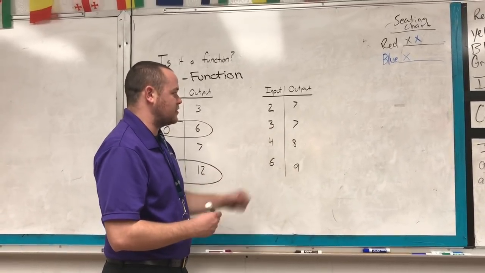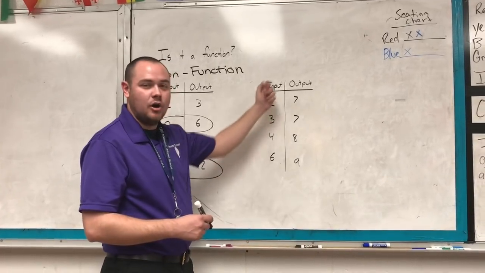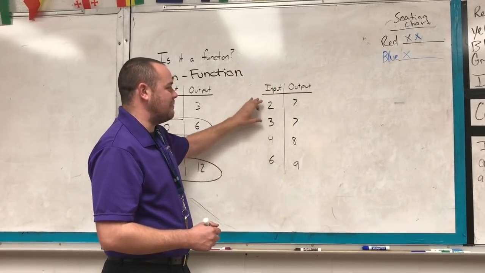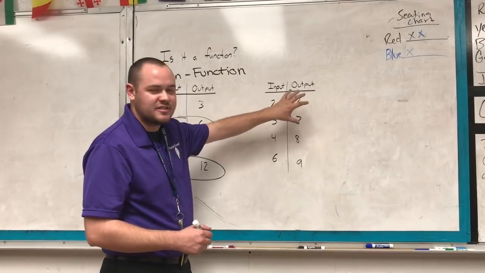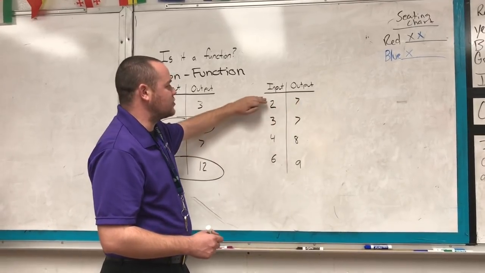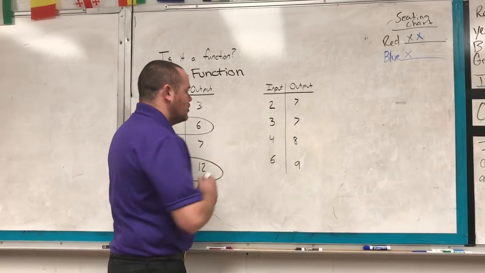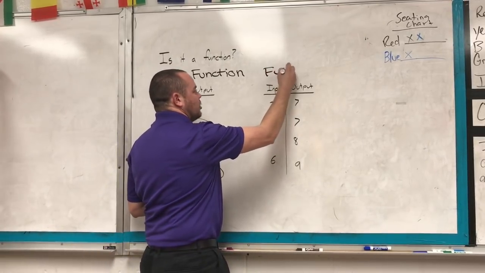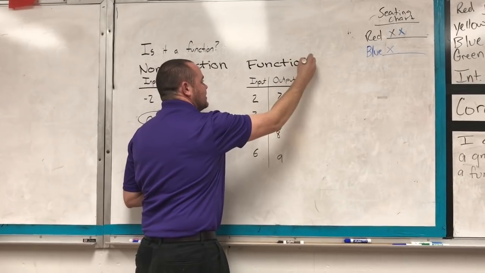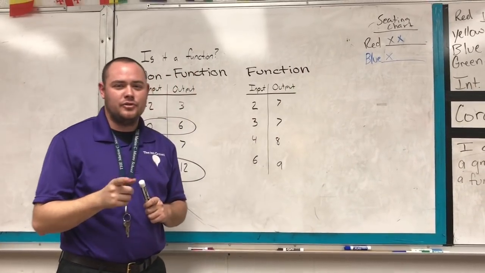This would be a function because every input has its own output. It does not matter that 2 and 3 both share 7 as an output because 2 only has one answer and 3 only has one answer. As long as my inputs are all different, it is still a function.